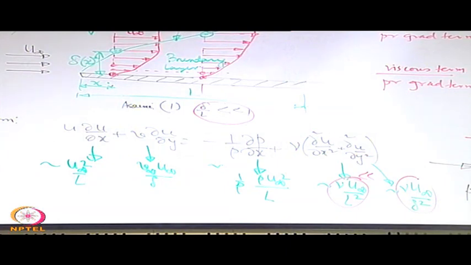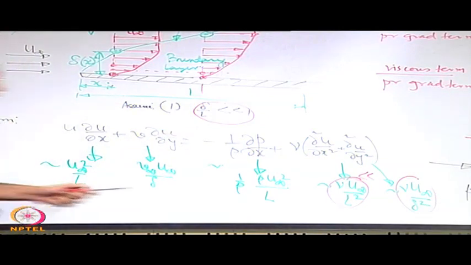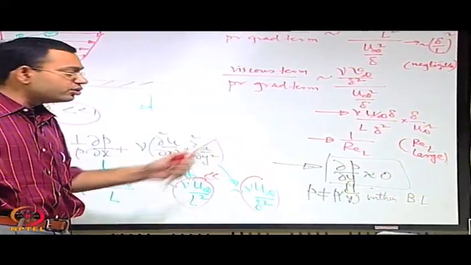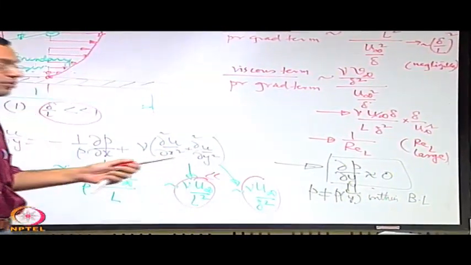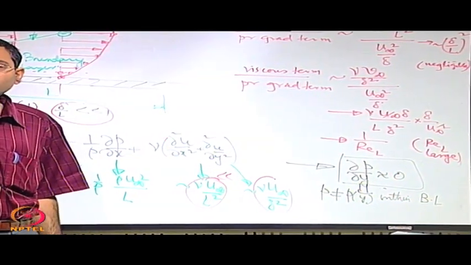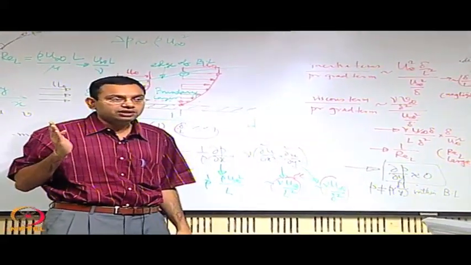Now, let us pay a lot of attention to the pressure gradient term. See what conclusion we got from the y momentum equation. The conclusion that we got is that the pressure is not varying with y, and y is the direction along which there is a change in behavior because of the existence of the boundary layer.